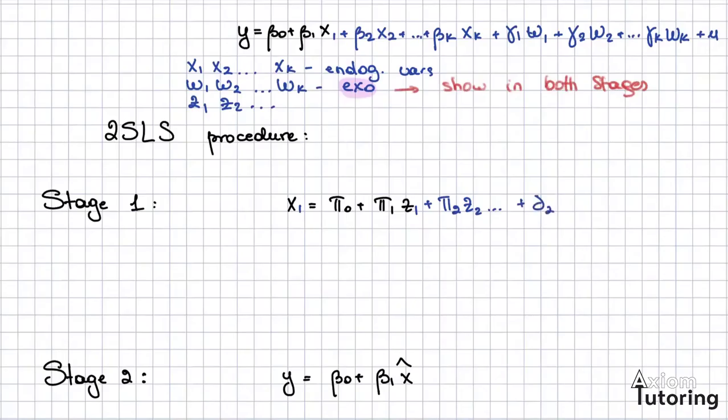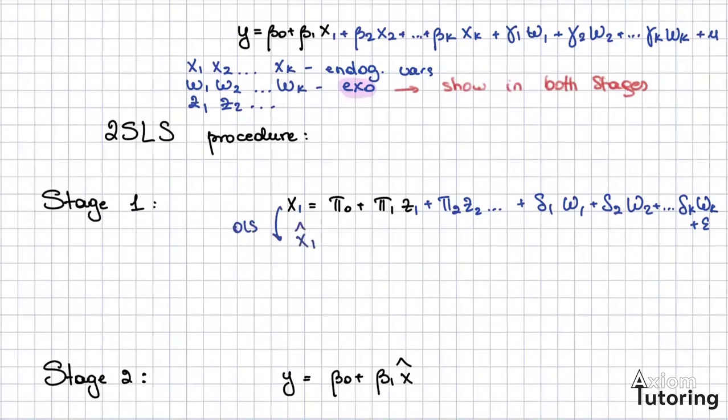So let's say delta 1 W1, delta 2 W2, and so on until delta K WK plus an error term. Keep in mind in here, we're not including the endogenous variables. It is X1 on all of the instruments and all of the control variables. And as usual, through OLS, we're going to get X1 hat.